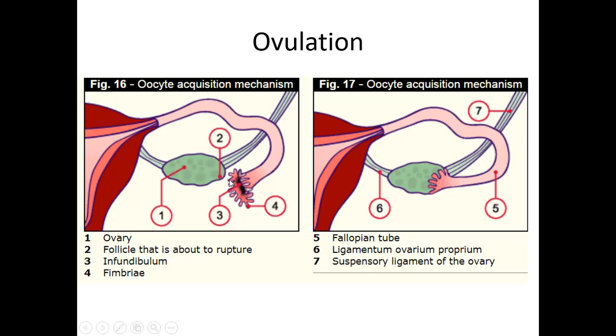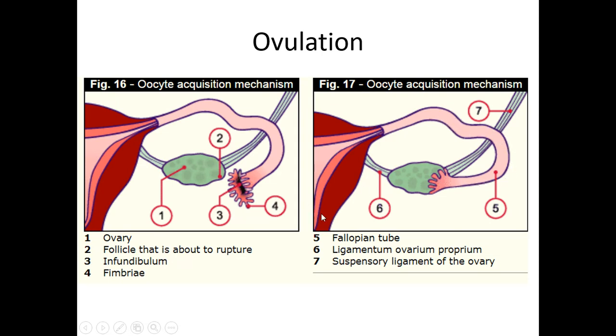When the Graafian follicle is formed, it secretes special chemicals which chemotactically attract the fimbria of the fallopian tube, and they overwhelm it, as shown in the picture. All the components of the tertiary or Graafian follicle will enter the ampulla of the fallopian tube.